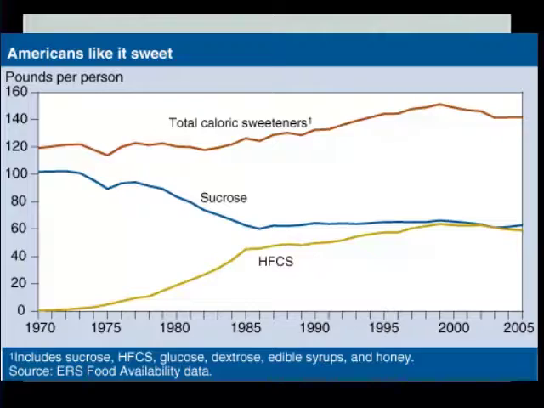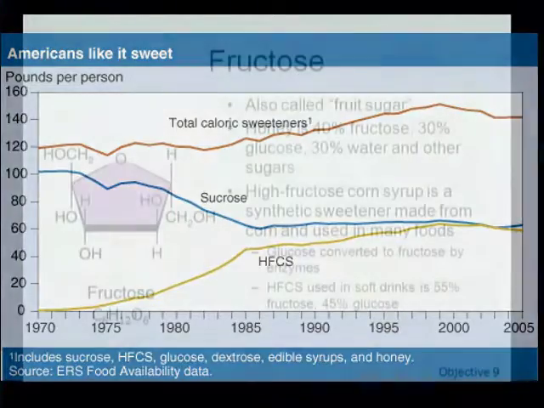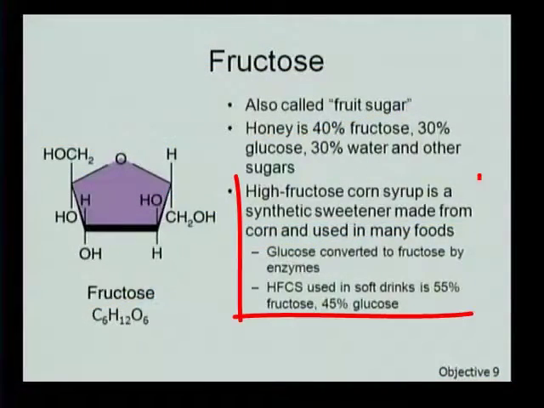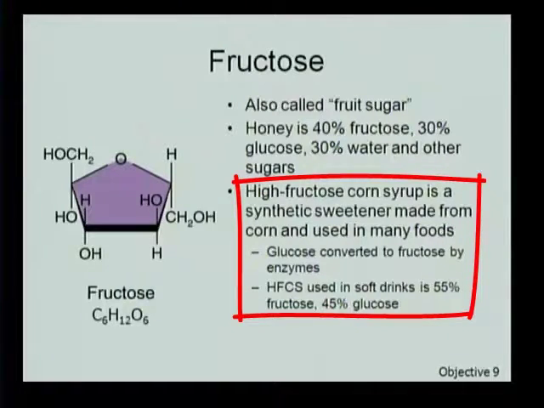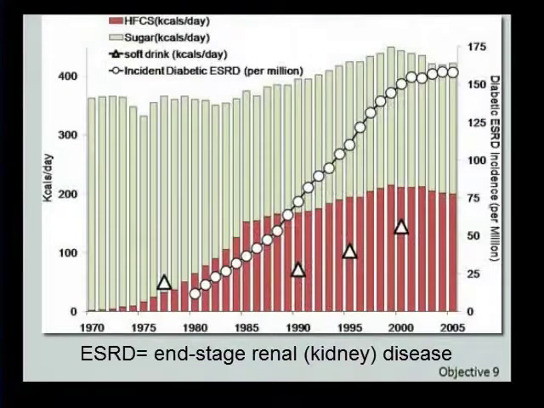Glucose is converted to fructose by enzymes, and high fructose corn syrup, for example, that which is used to sweeten soft drinks, is 55% fructose and 45% glucose. That's why we call it high fructose corn syrup. There's some controversial data that indicates that maybe the body doesn't metabolize high fructose corn syrup in the same way that it metabolizes other sugars, and that may be the problem with high fructose corn syrup.